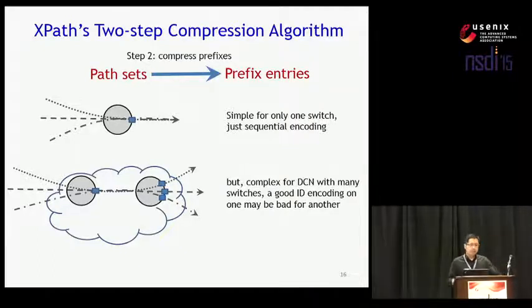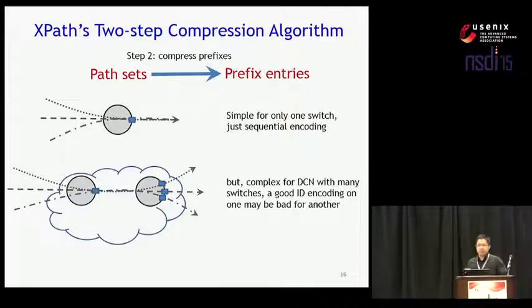Prefix aggregation is simple for a single switch, because we only need to assign those paths that go through a single port consecutive IDs to achieve the optimal solution.